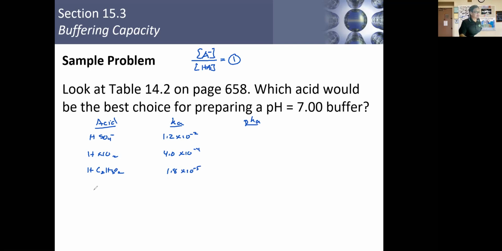It has a Ka of 3.5 times 10 to the minus 8. You notice here we're slowly getting weaker and weaker acids. Let's just use the last one, phenol, HOC6H5, which has a Ka of 1.6 times 10 to the minus 10.